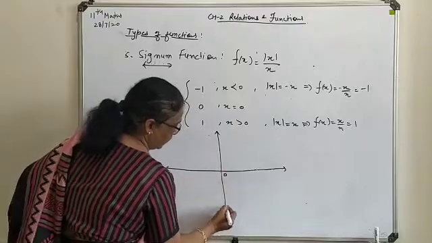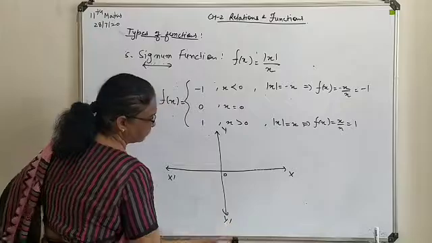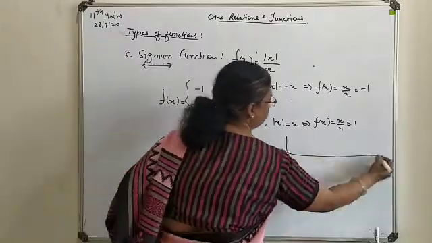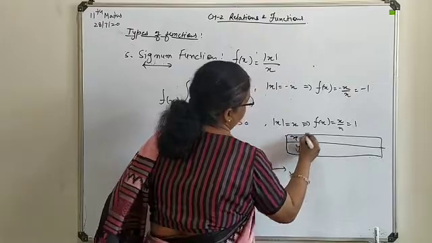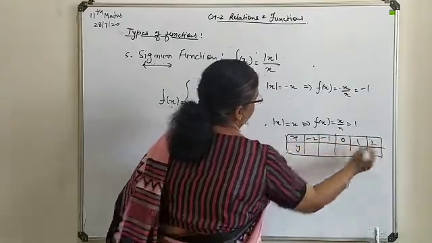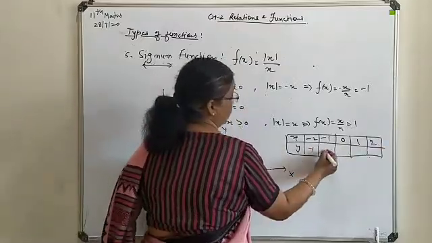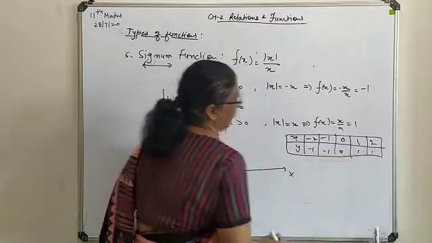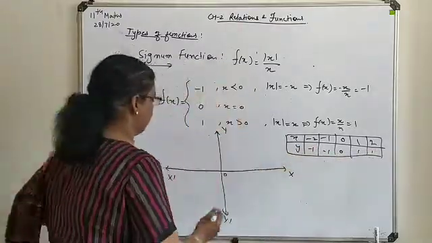In general, you can locate it on a graph like this. This is x, this is y: minus 2, minus 1, 0, plus 1 and 2. For minus 2, it is minus 1. This is also minus 1, and 0, 1 and 1. So for this full range, the answer will be minus 1.